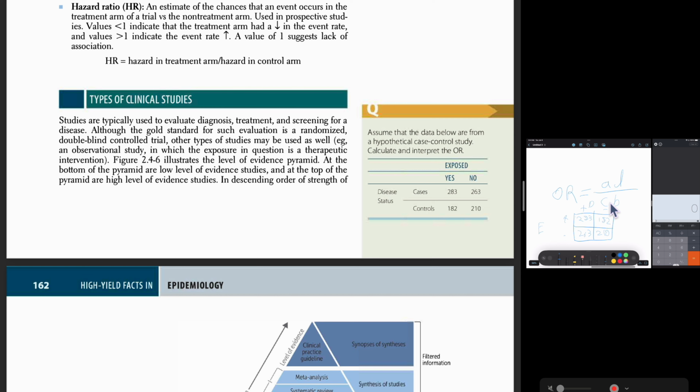Okay. 182 are exposed, yes, but they don't have the disease because they're controls. And 210, they don't have the disease and they're not exposed either. Okay.